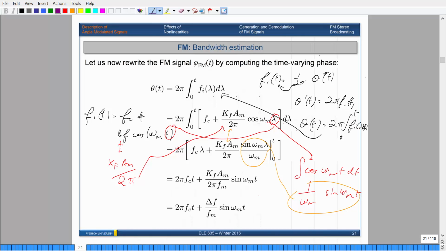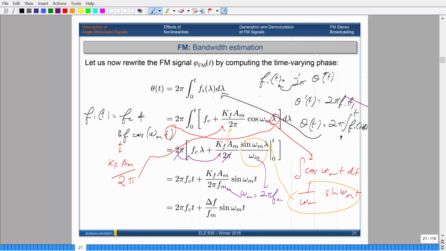So what they're doing here is they take the 2 pi and they multiply it through. When they do that, these 2 pi's cancel, so you're left with omega_m, but we know that omega_m is equal to 2 pi f_m, which is what is going on there.